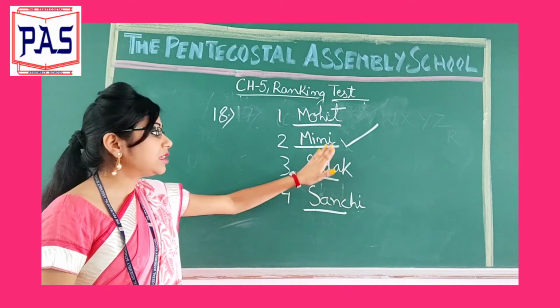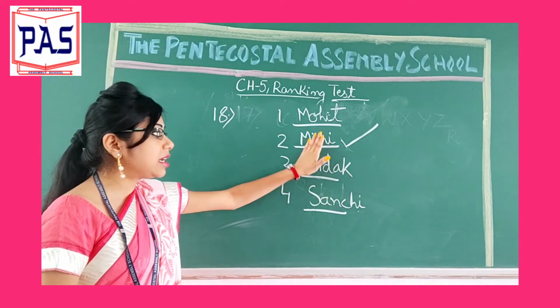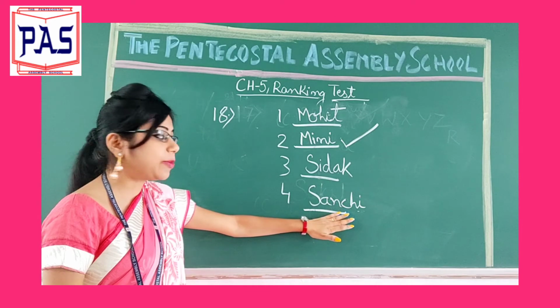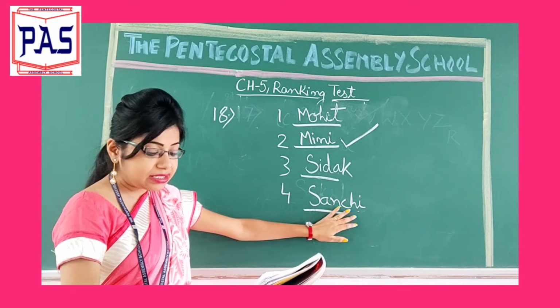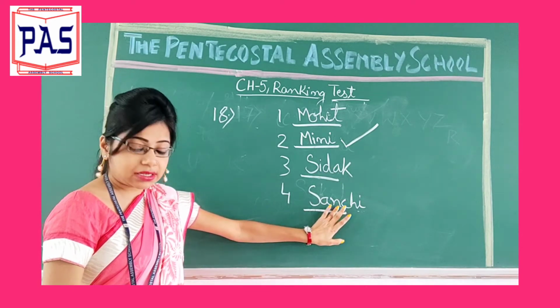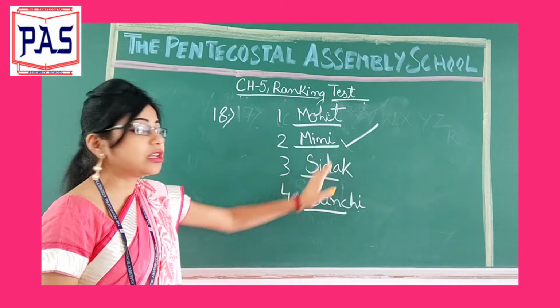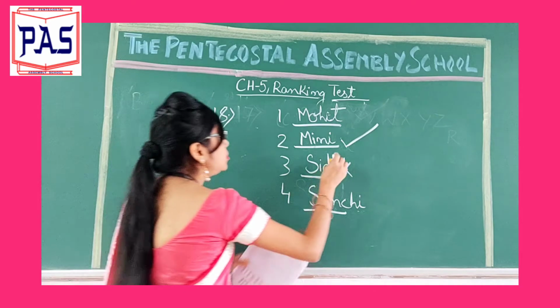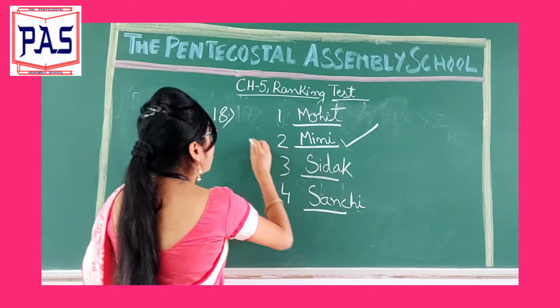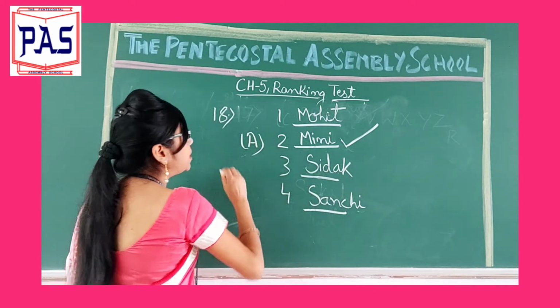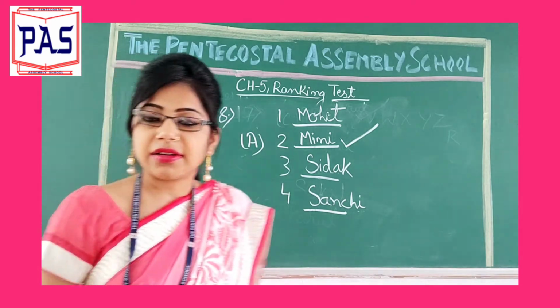Siddharth is not in the second place and not at the last place. Sanchi is slower than Siddharth. So who comes at the second place? Minnie. Your answer will be Minnie, given in option A for question number 18. Is it clear, children?